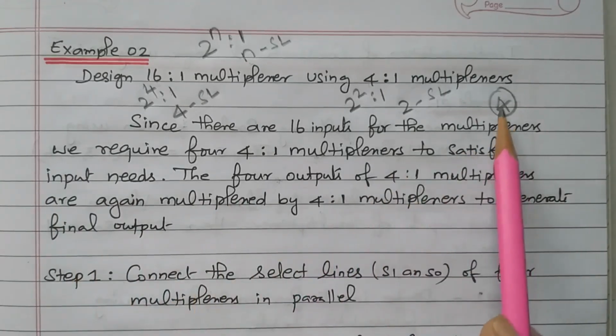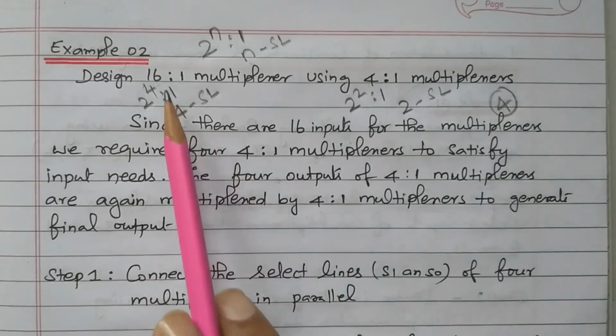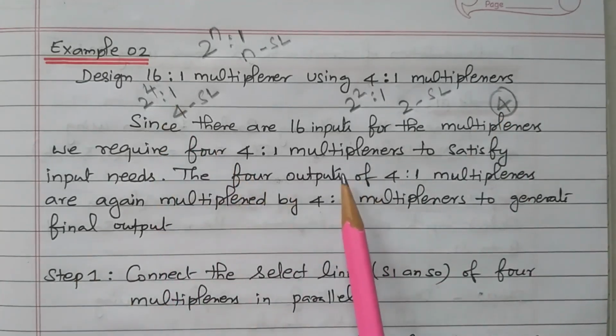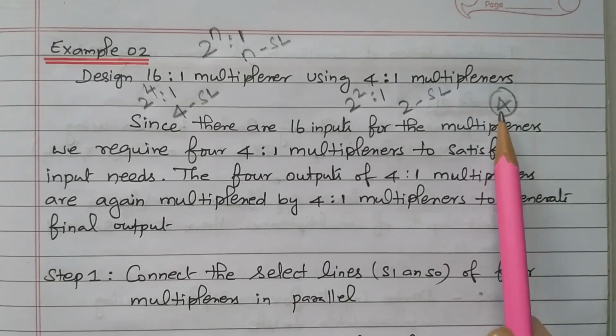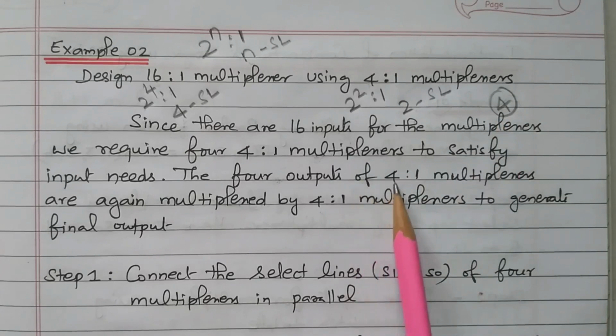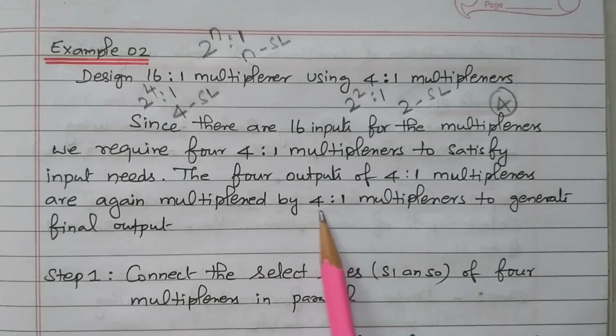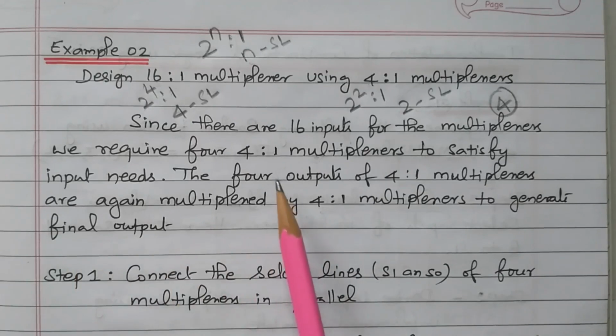So we are using 4 multiplexers to connect these 16 inputs, so that we get 4 outputs from the 4 multiplexers. We need only 1 output, so the outputs of these 4 multiplexers are connected to another multiplexer, so that we get only the final output, right? So we need 5 multiplexers in total.